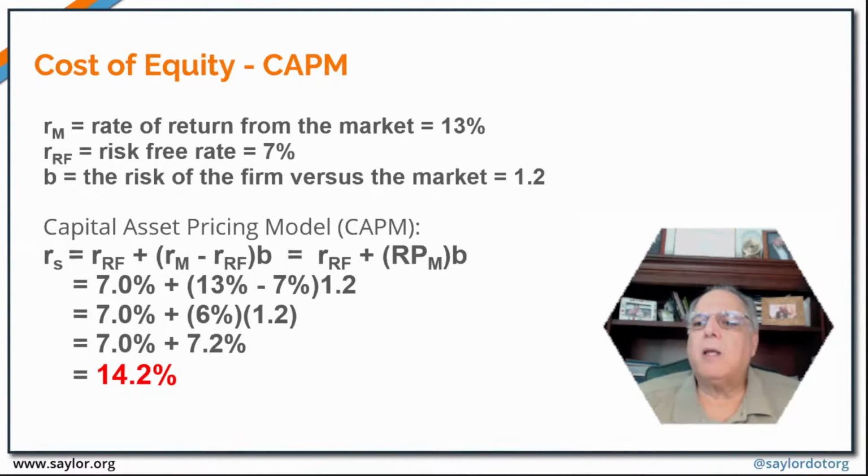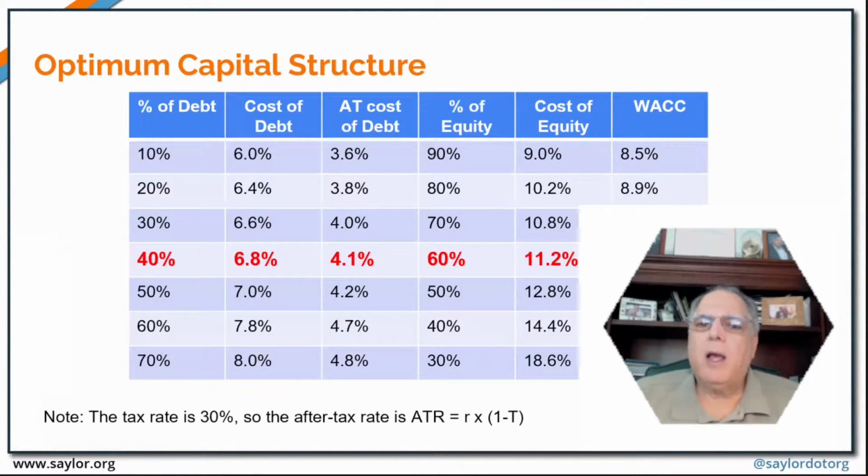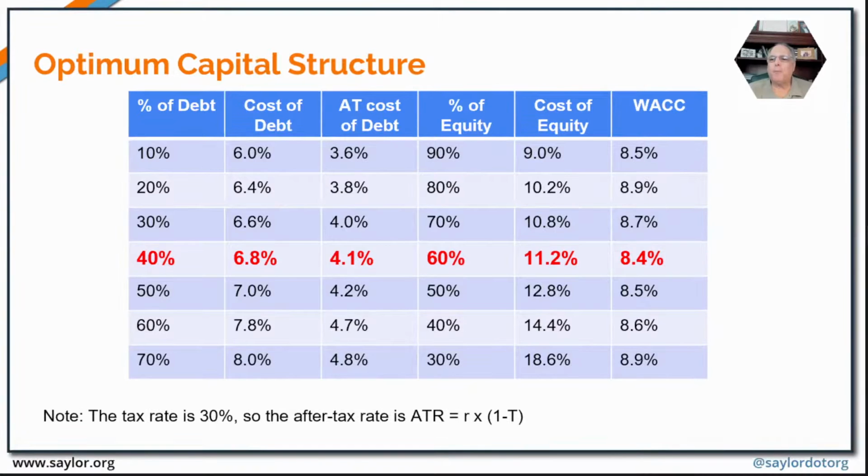Again, we're not going to guess at this. What we're going to do is sit down and determine what the optimum capital structure is. And the optimum capital structure simply says, at what debt to equity ratio do I have the lowest weighted average cost of capital?